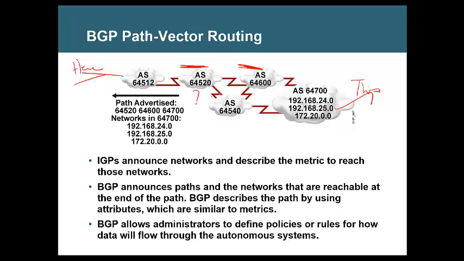Why should they give their bandwidth for you to go from here to there? Why should these autonomous systems in the middle share their resources? Why should they route your packet?